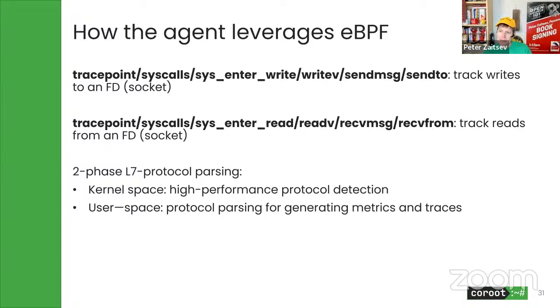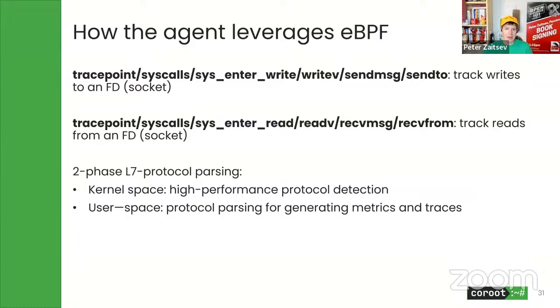Now, the level 7 protocol parsing is kind of interesting. It's done in two parts. In the kernel space, we detect a protocol, with a very simple decision: do we want to capture the data and pass it to the user level?